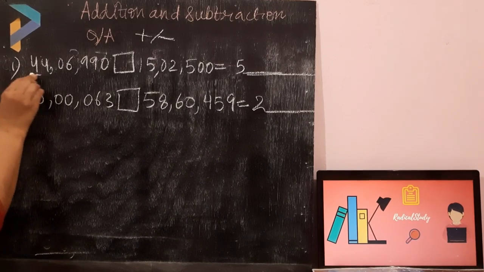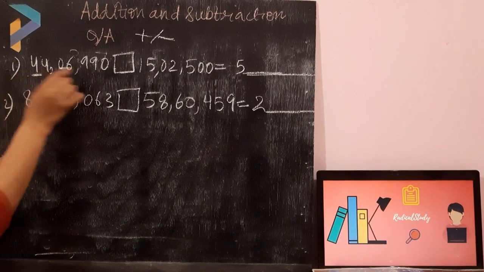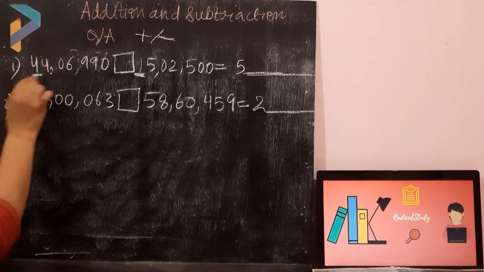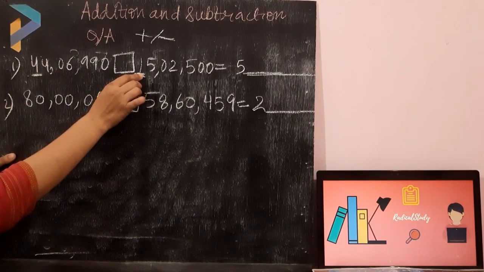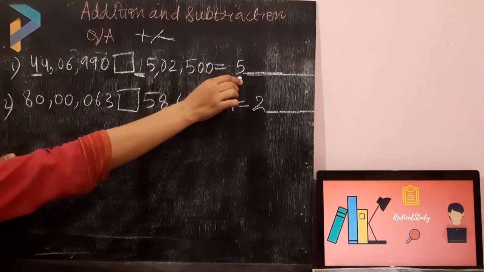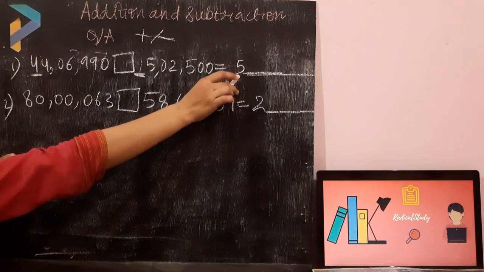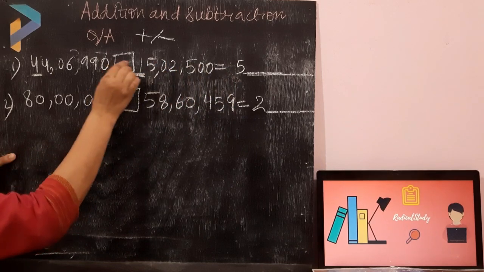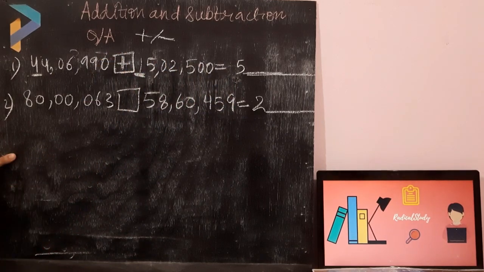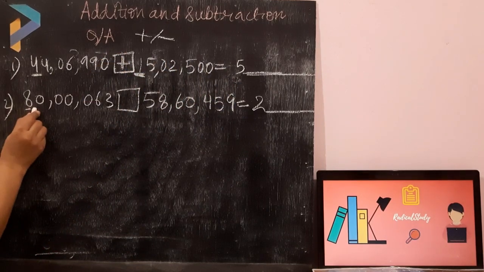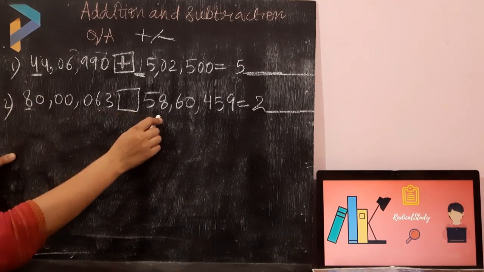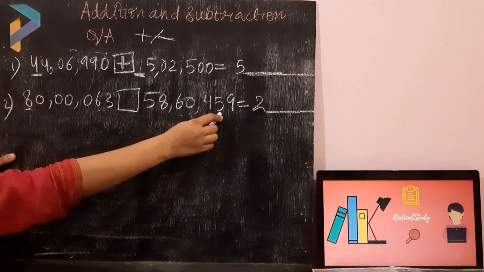Let's see the first digit of this number. 4. Here it is 1. Now 4 plus 1 is 5. So the answer, that means the result starts from 5. That means we must have added. Now the next one is, here it is 80 lakh 63, 58 lakh 60,459.